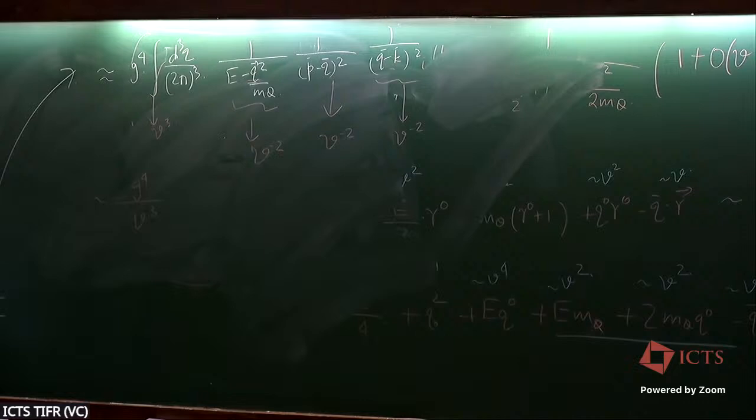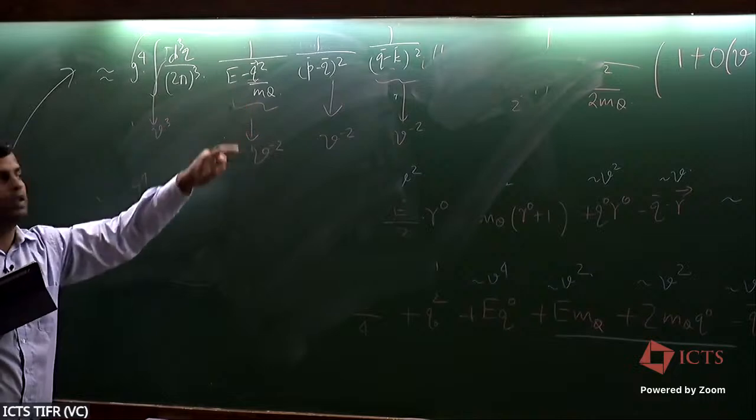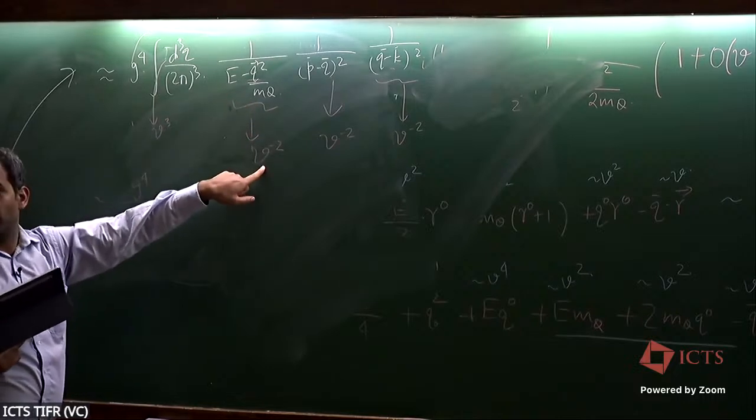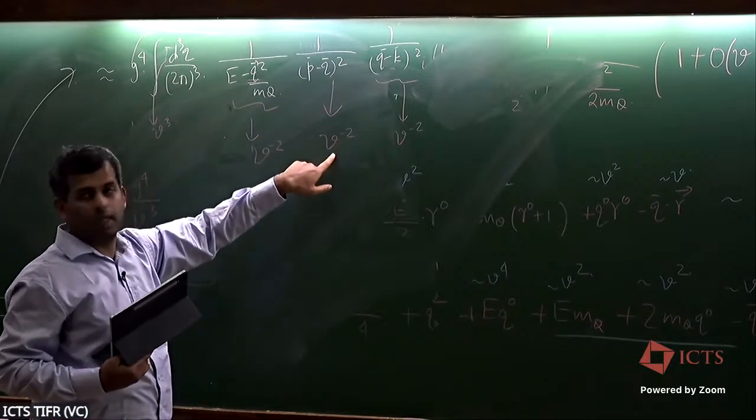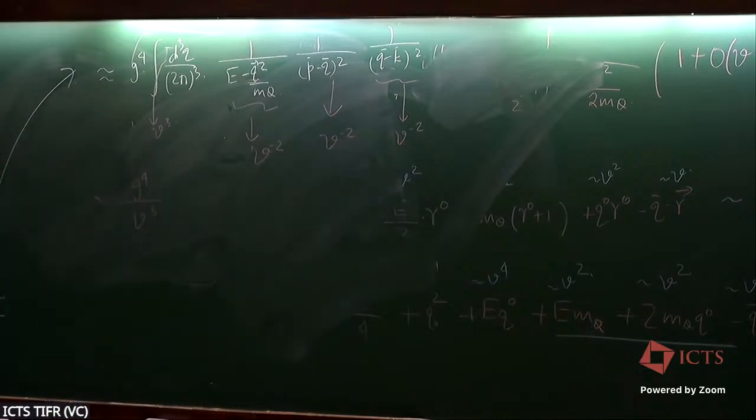Okay? So I am only looking at this one loop. I write the propagator, I write the expression, simplify the Q0 integral, and arrive here. Because of energy, it scales as 1 by V square. Because of momentum, it scales as 1 by V square. This scales as 1 by V square. g raised to 4 are the four couplings in front.